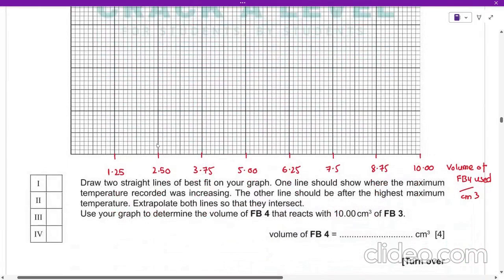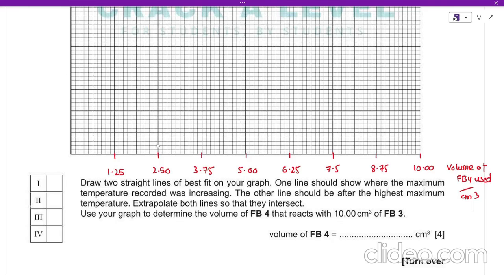So they are actually asking us to draw two straight lines of best fit on the graph. One line should show where the maximum temperature recorded was increasing. The other line should be after the highest temperature. So we are going to be making the two lines, the increasing and the decreasing, showing the trend of increase and decrease.